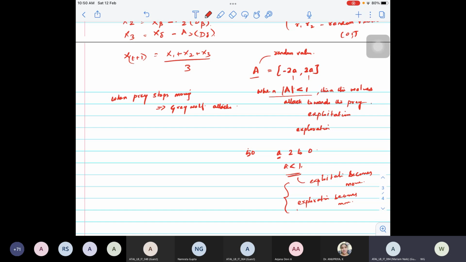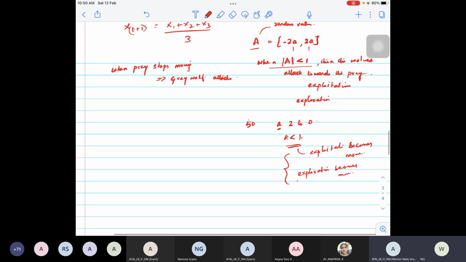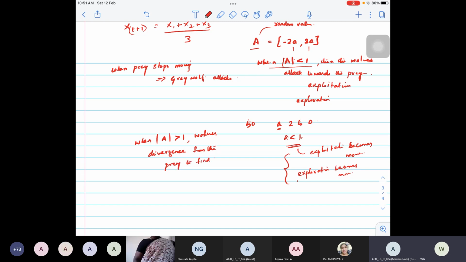So now, when mod a is greater than 1, the wolves do not attack, and so there is divergence, right? They diverge from the prey to find fitter prey.